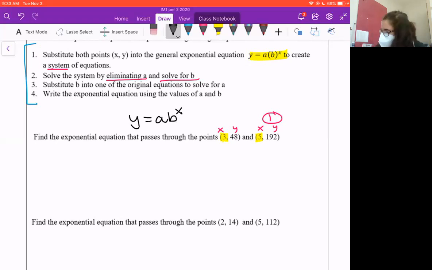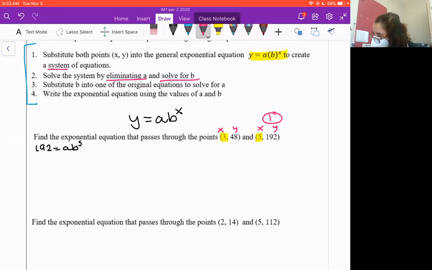So I'm going to take y equals a times b to the x. My y is 192. My a, I don't know. My b, I don't know. But my x is 5. So my first equation, plugging in the 5 and the 192, gives me 192 equals a times b to the 5th. Okay.